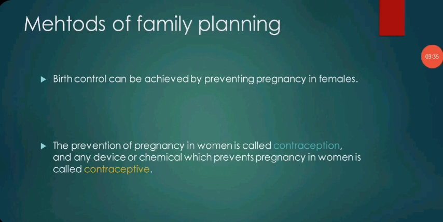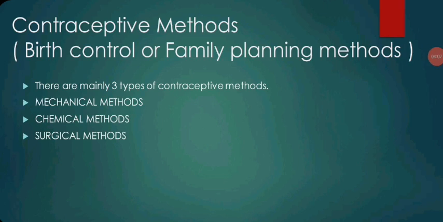For family planning, birth control is very necessary, and for controlling the birth, there is the necessity to prevent pregnancies in females. The prevention of pregnancy in women is called contraception, and any device or chemical which prevents pregnancy in women is called a contraceptive.